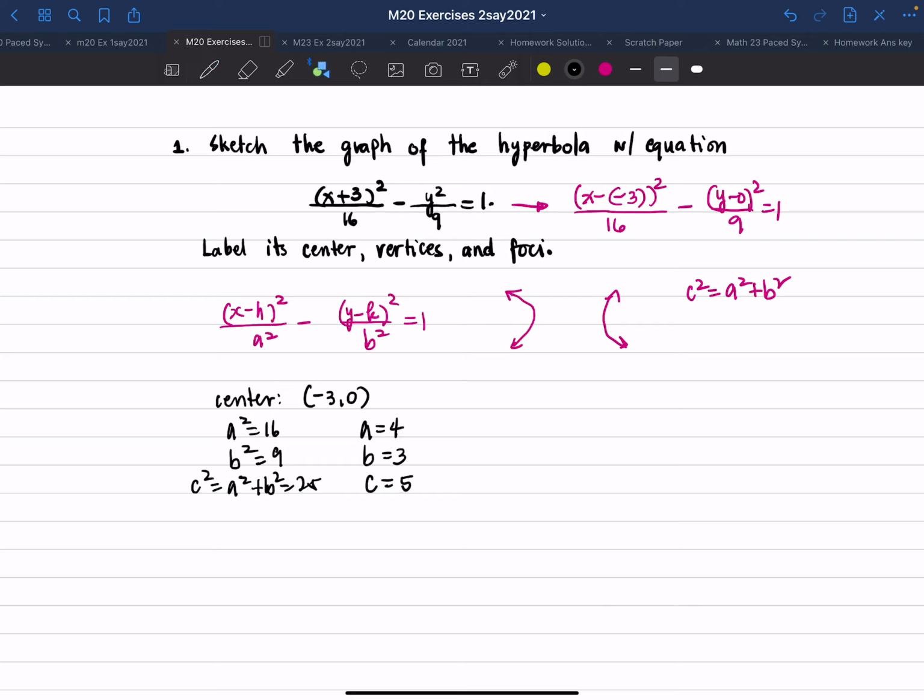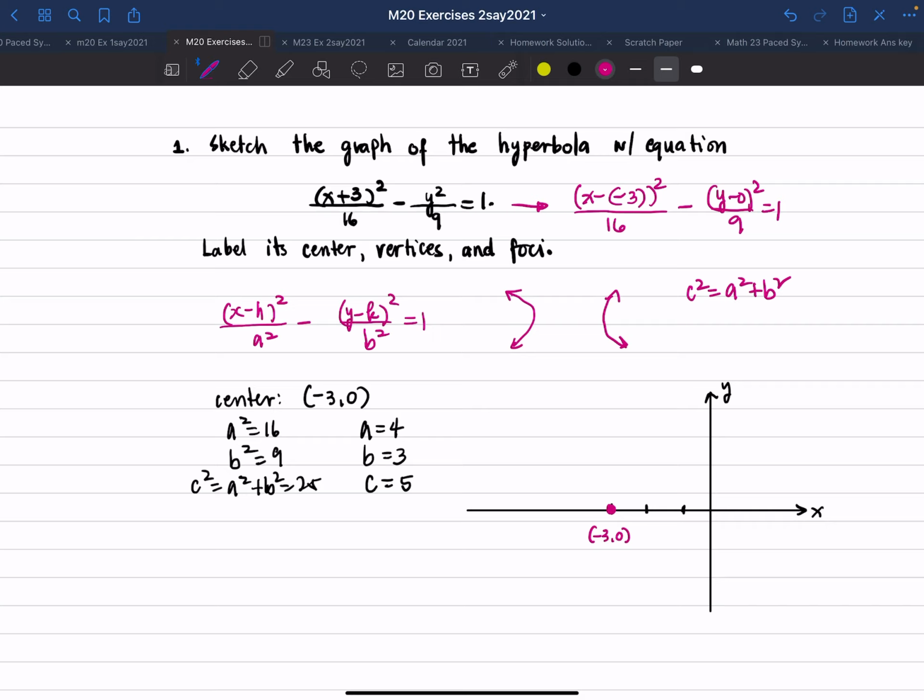Let us sketch the graph. So the center is at negative 3, 0. So x is negative 3. I think I have to move my y-axis somewhere. So 1, 2, 3, negative 3, 0. This is your center. And then you have a horizontal hyperbola.